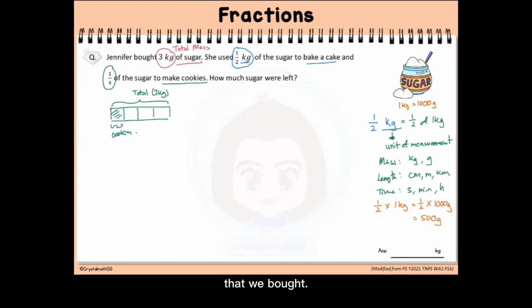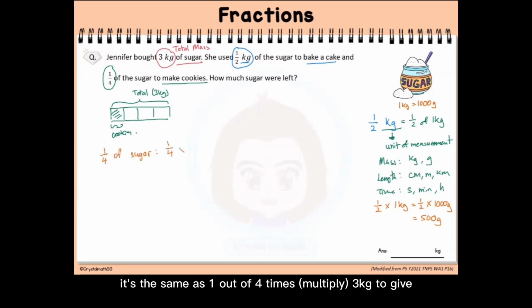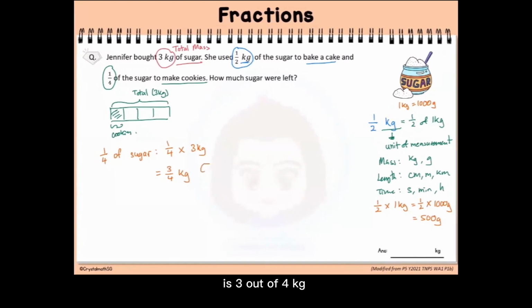In P5, we can use the word "of". 1 out of 4 of the sugar is the same as 1 out of 4 times 3 kilograms, which gives you 3 out of 4 kilograms. So we know that the cookies use 3 out of 4 kilograms, and the cake uses half a kilogram. You want to find the mass left, right?